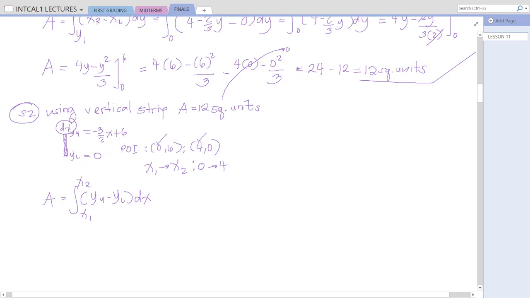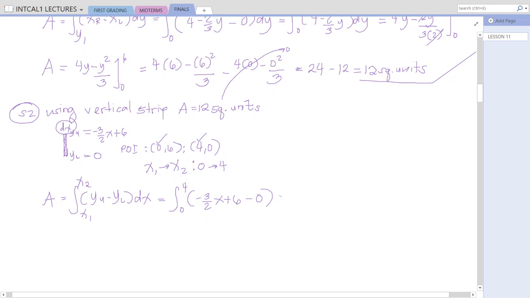and that is equal to, of course, again, the integral from 0 to 4 multiplied by the y upper, which is given to be negative 3 halves x plus 6, and then minus the y lower, which is 0, since it strikes the x-axis there.